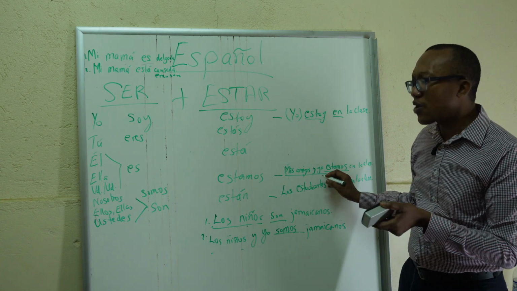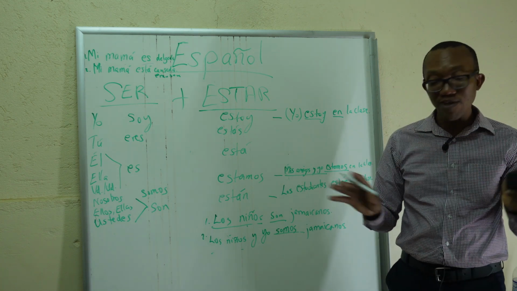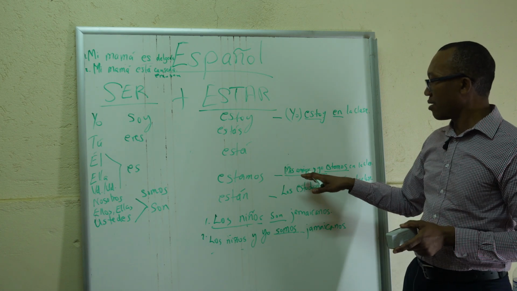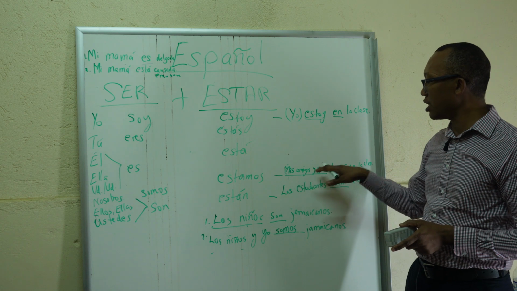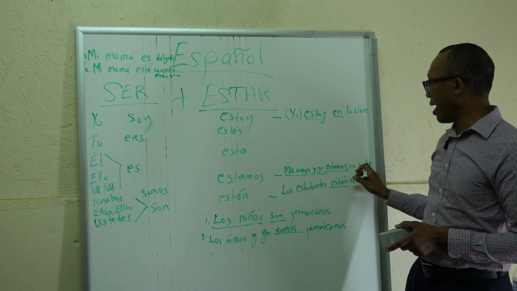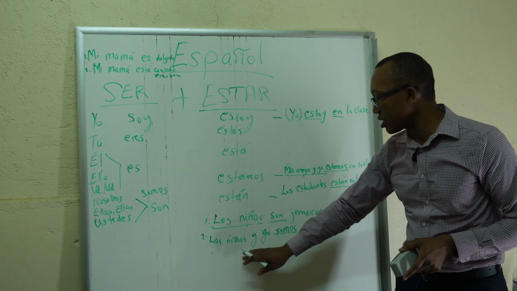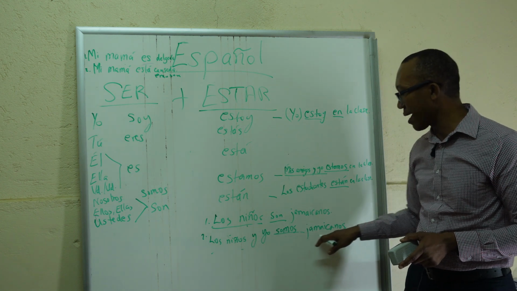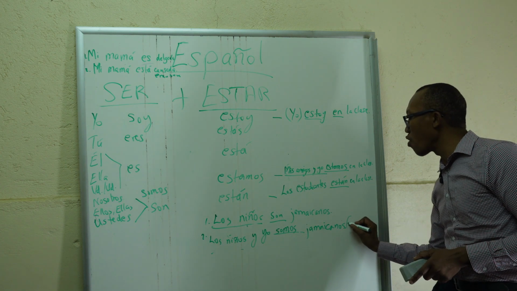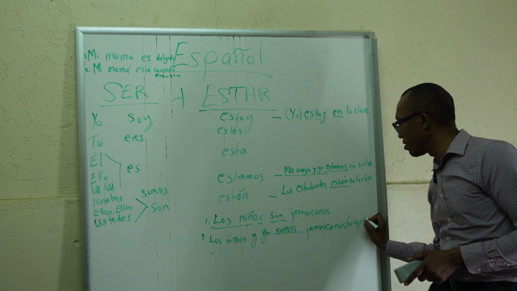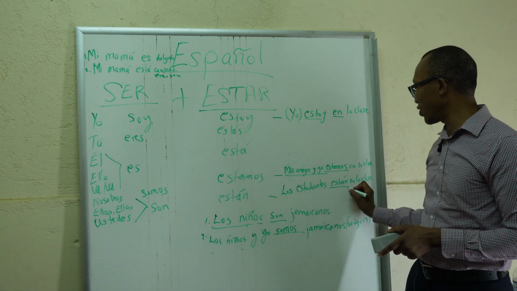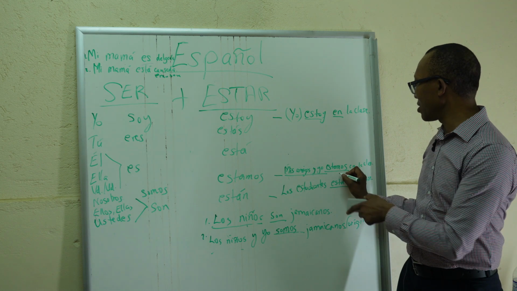Then I could also have nosotras if it's only girls, females, but girls and boys, we say nosotros, and so mis amigos y yo estamos, right, en la clase. Just like los niños y yo somos jamaicanos. Again, because this is origin, we have to say somos, but this was location, so that's why we say estamos.